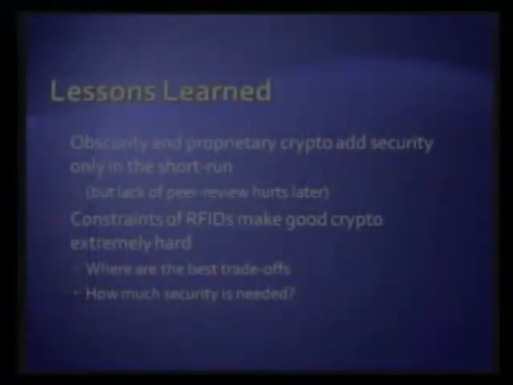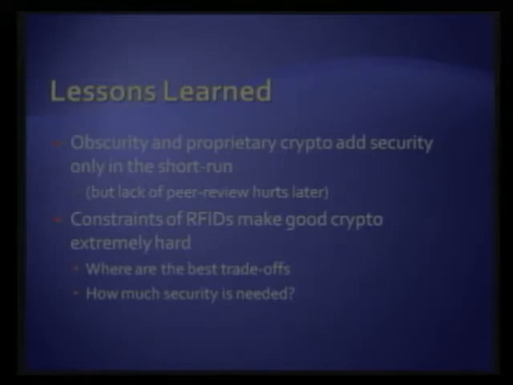What we see again from this project is that obscurity doesn't actually add any security. If anything, it hurts you in the long run, because once it is leaked, weaknesses are discovered that would before have been discovered in a peer review process, at least I believe so.